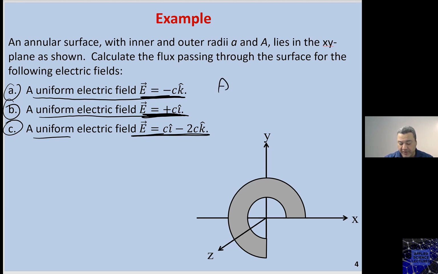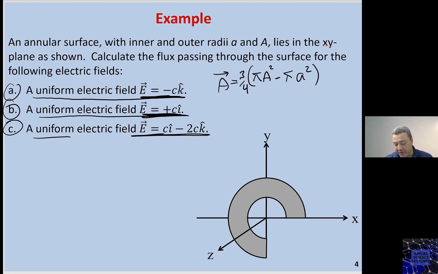My area vector here, the magnitude, is, let's first put the greater circle, which is pi A squared, minus the smaller, minus pi a small, and then 3/4 of this shape.